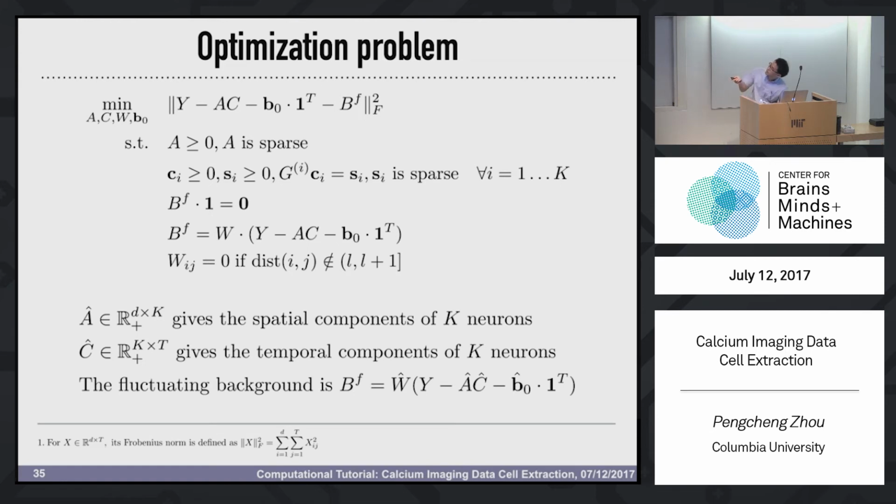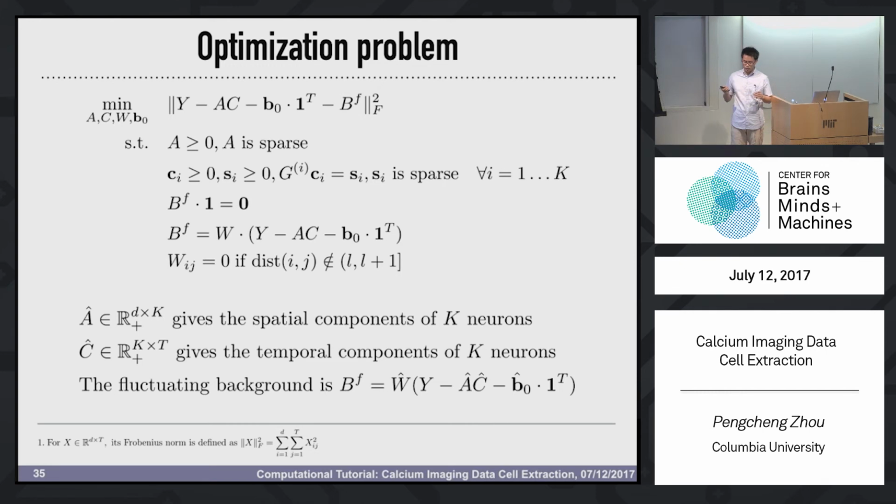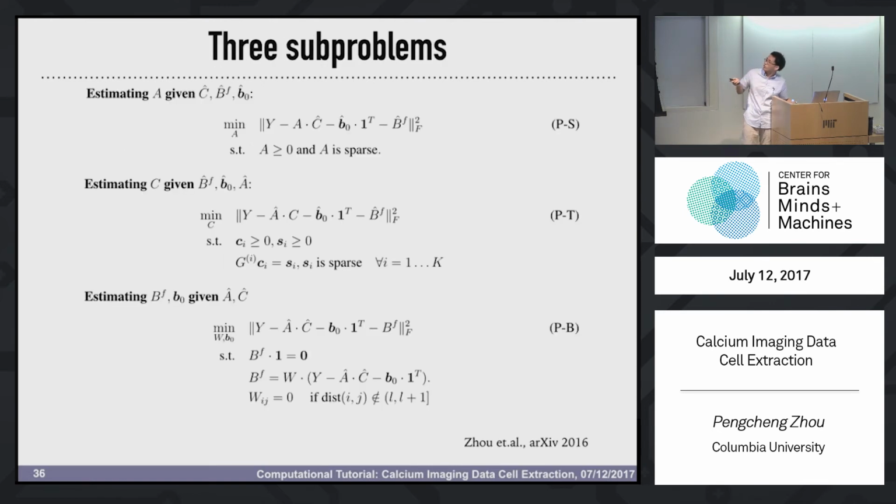Yes, so A and S are sparse. Here I didn't explicitly say how we enforce the sparsity of these two variables, but in the following subproblems, people can put different sparsity constraints on A and S, and that means they can use different algorithms to estimate A and C and put some constraints there.